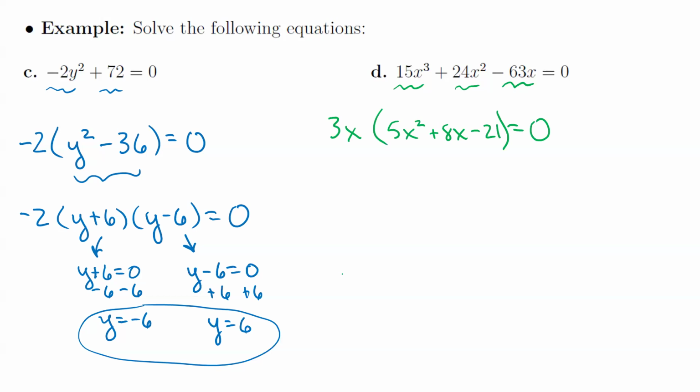Now this is one where maybe the AC method would be a good idea, because with the AC method, we'd go, what? 5 times negative 21, which is negative 105, right? Sorry about my bad handwriting there. Negative 105. Now we're trying to make positive 8, right? So, just kind of going through the list here. Of course, negative 1 times 105 would not work, right?